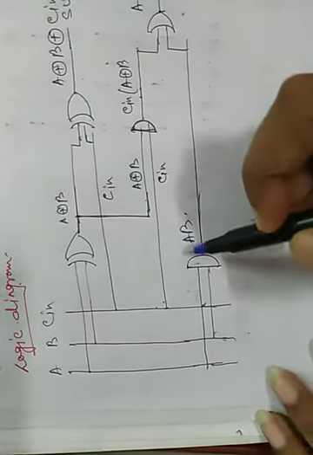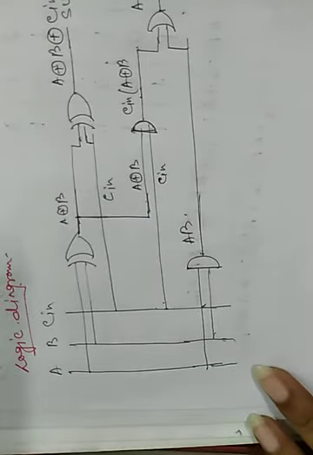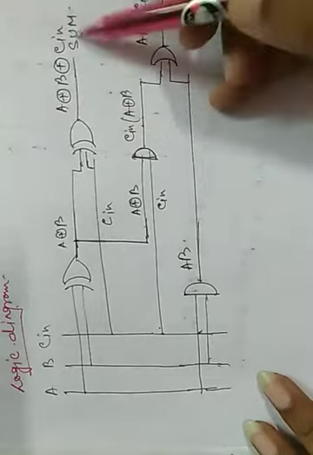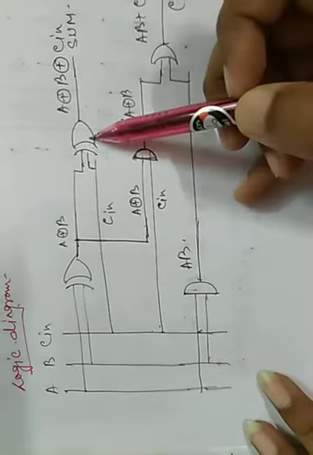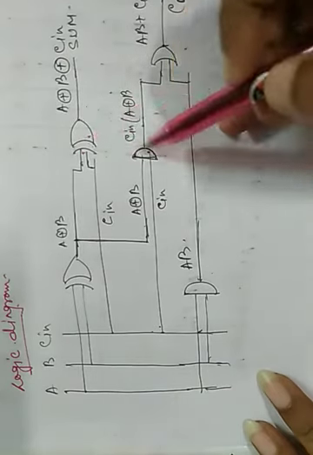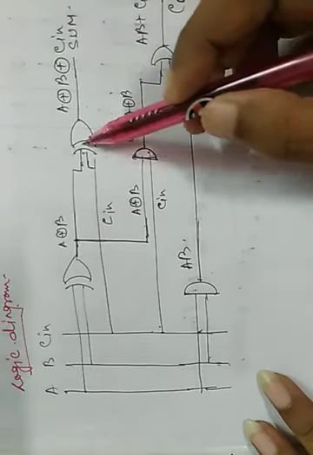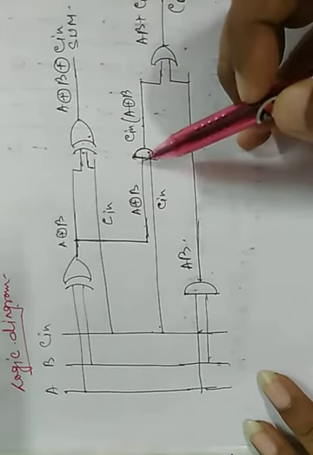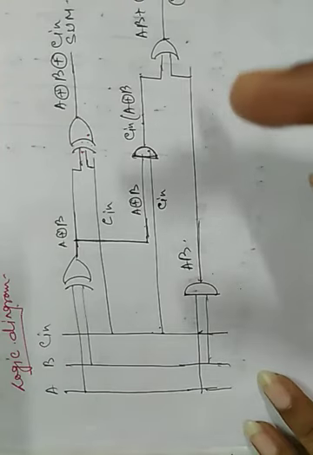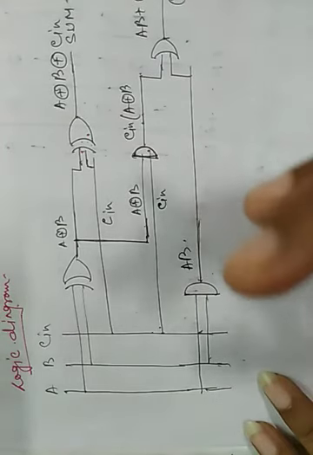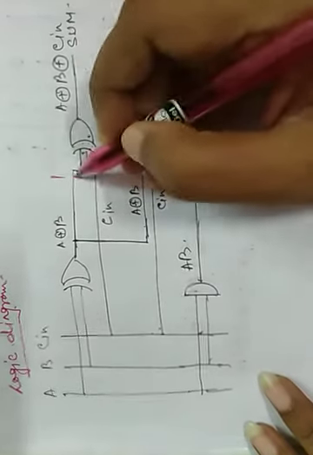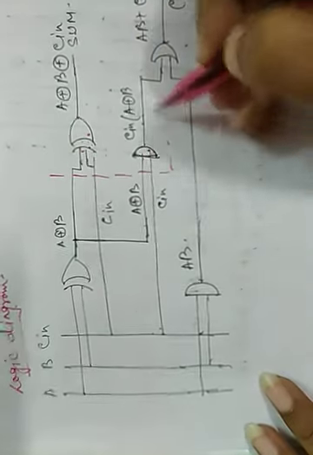Now again there is a technique to draw this diagram. That is why I am telling you, draw the sum operation first, that is 2 exclusive OR gates at the top and 2 AND gates at the bottom, and the 2 AND gates must be under the XOR gates. Why? We know that in the half adder, as you saw in our previous video, one exclusive OR and one AND gate is required for a half adder.